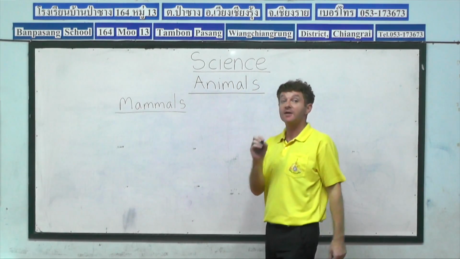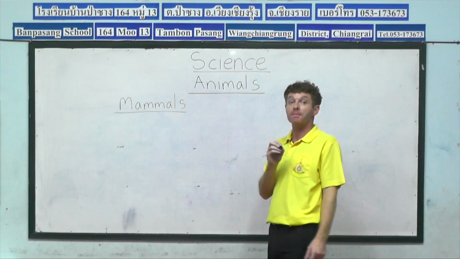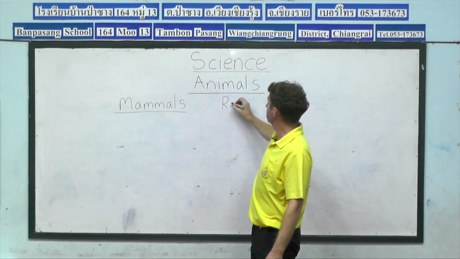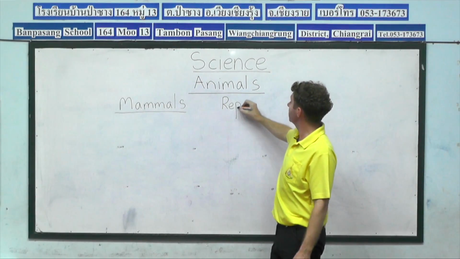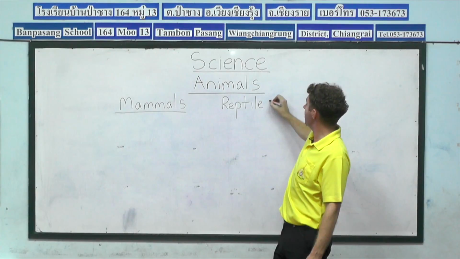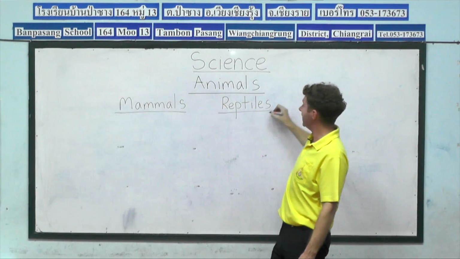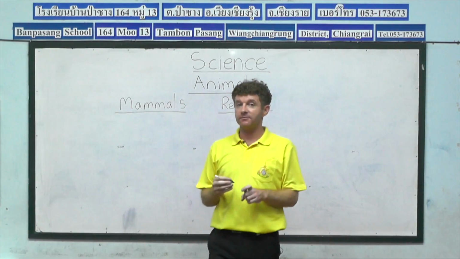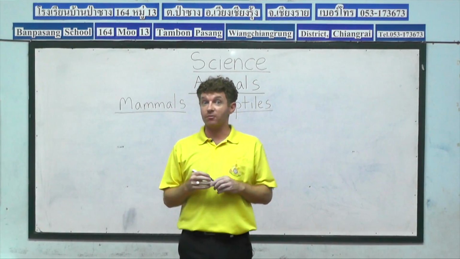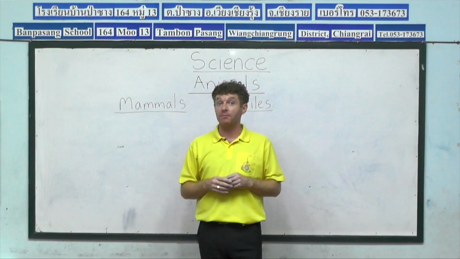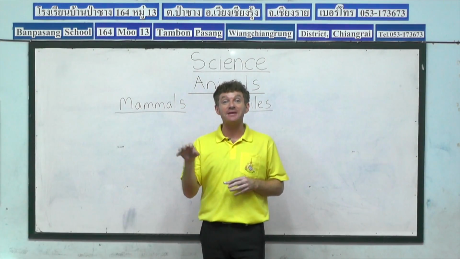Yes, well done. R-E-P-T-I-L-E-S. So we've got mammals, reptiles, and there was a third category too, fish. Yes, fish were the types of animals we learnt about last that live in the water.